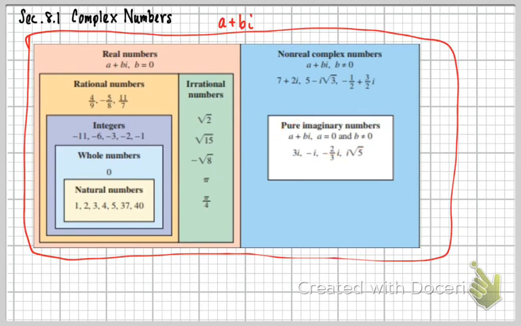Pure imaginary meaning they have to have i in them, and they don't have a plus a real part. And the other ones have a plus a real part, but also have an i in them. That's why they call those non-real complex numbers. But technically speaking, complex numbers encompasses all of these: real numbers and non-real complex numbers and pure imaginary numbers. Okay, now next video we're going to get into some of these problems.